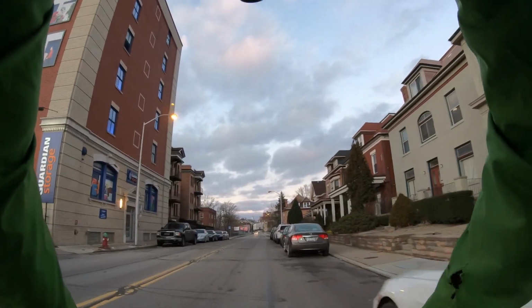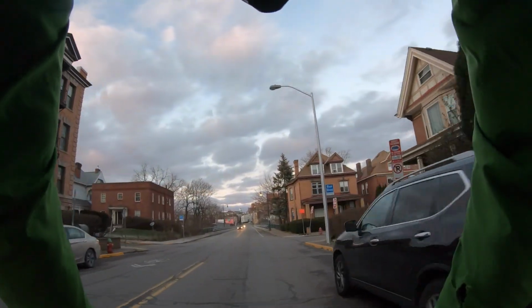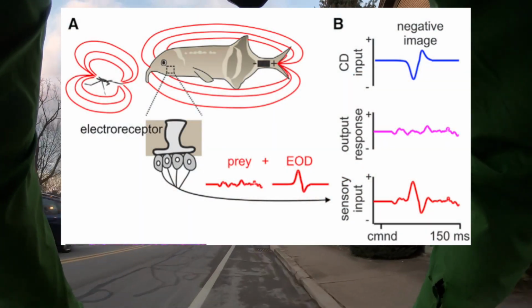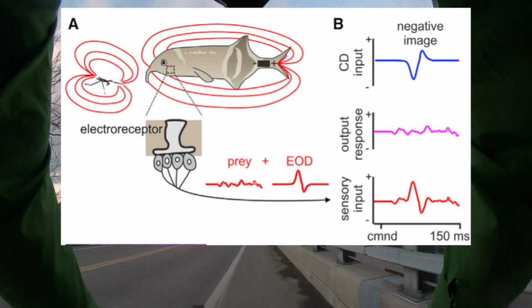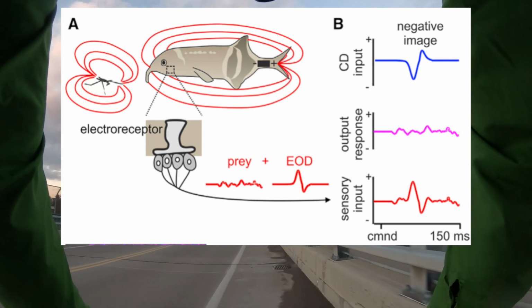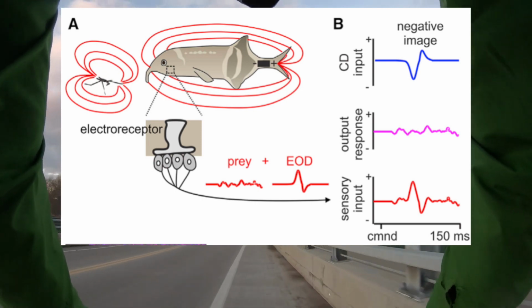Somewhere inside the electrosensory lobe, a negative image of their self signal is generated and superimposed on the signal that the sensory organ gets, and the result is a self-signal subtracted prey signal.